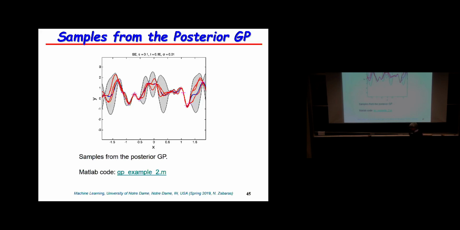You can evaluate this at any point, continuously, because these functions are not made by taking discrete values and connecting them with straight lines. They're real functions. So these are values that you get from the posterior GP.